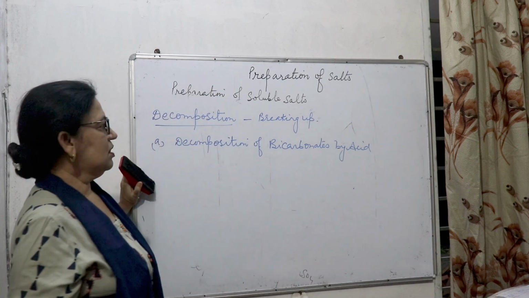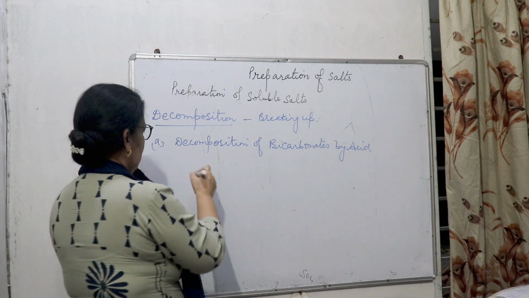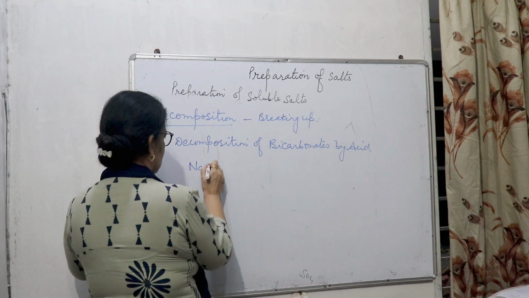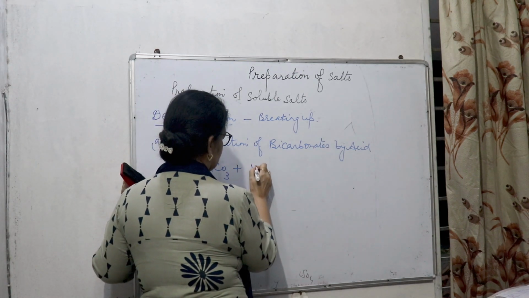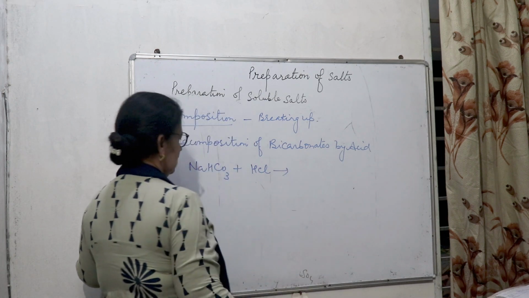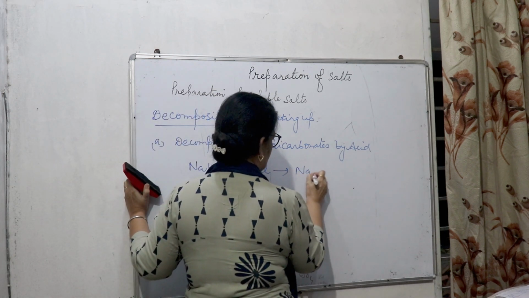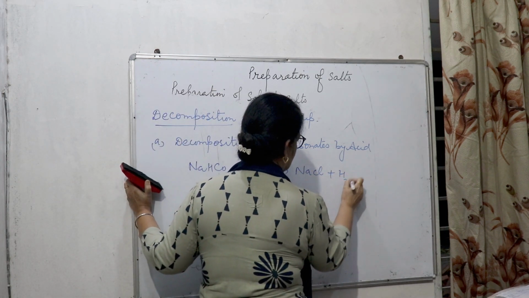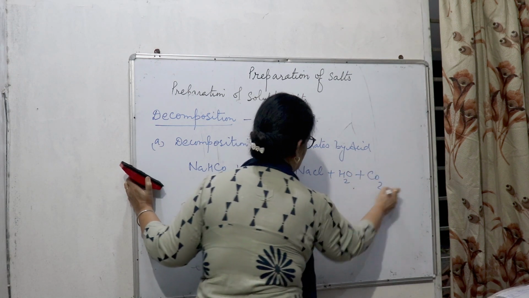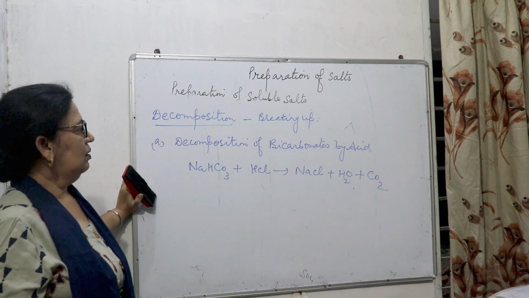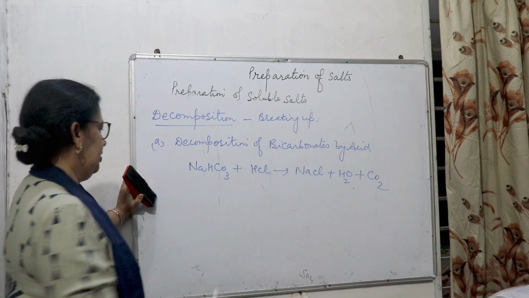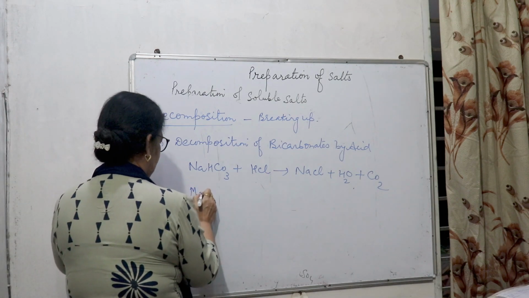Suppose sodium bicarbonate, when we put acid into it, that is HCl, gives NaCl plus water plus carbon dioxide. This is decomposition of bicarbonates.